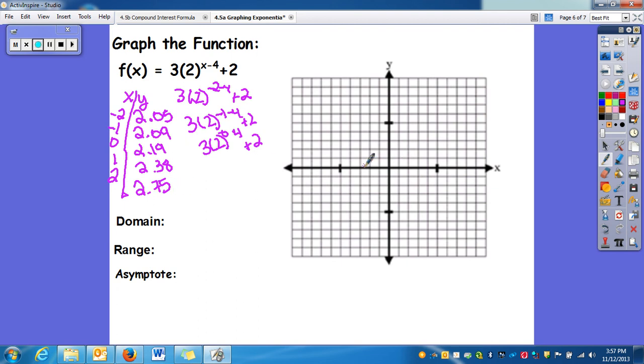Alright, so plotting these points, get one here. They're all kind of in the 2 range, so they don't grow very fast. And what the graph ends up being, you can kind of sketch it out, something like this.